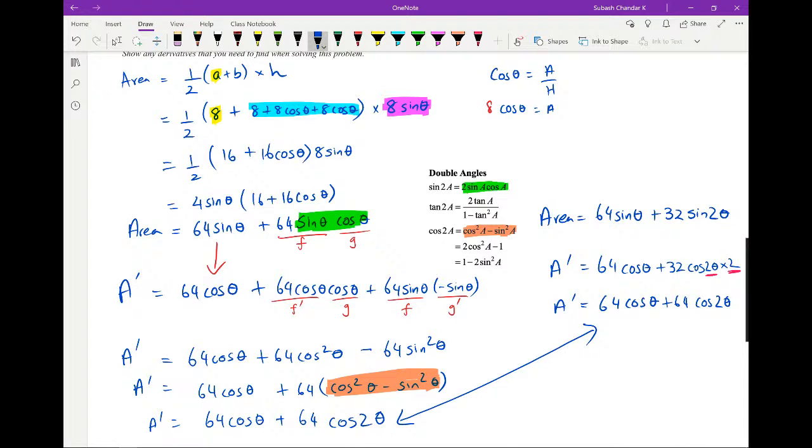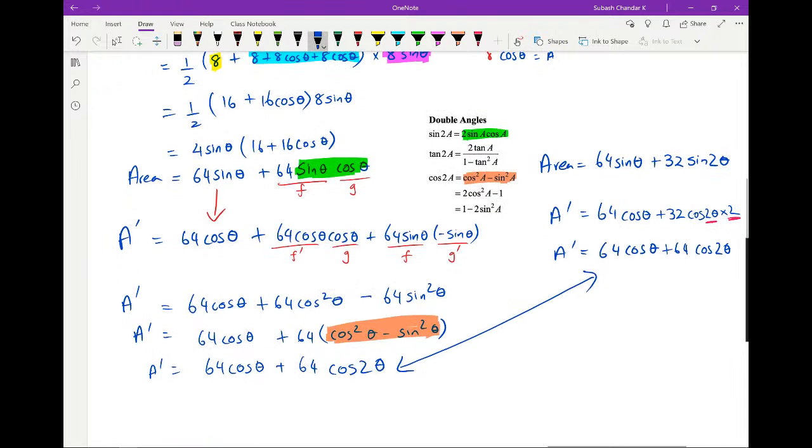Okay, let me just have a look. So guys, once we get this part, we put it equal to 0, because that's when maximum or minimum happens.